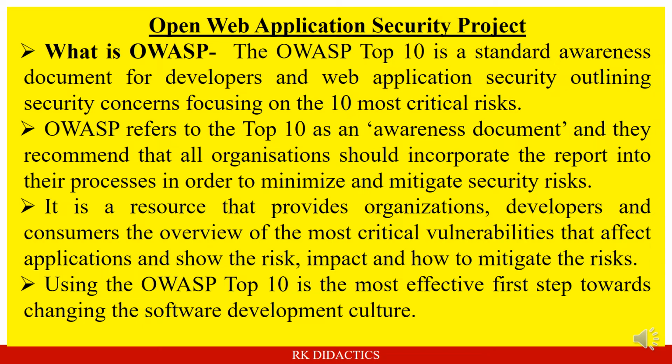It also describes the impact of these risks and how to mitigate them. Using the OWASP Top 10 is the most effective first step towards changing the software development culture.